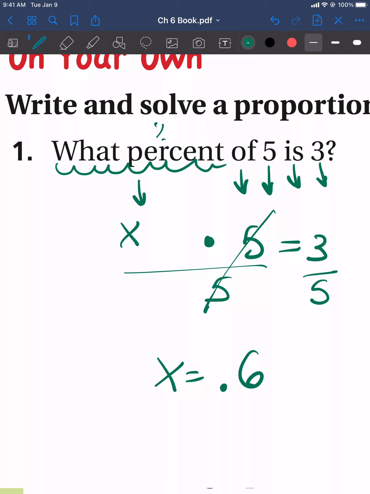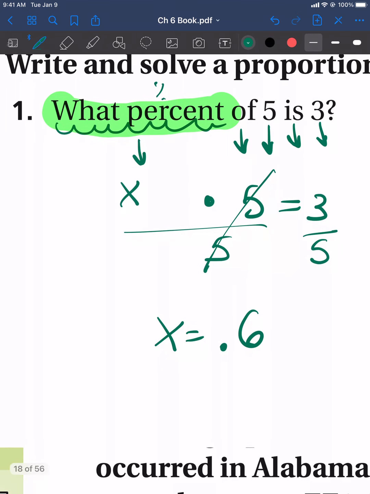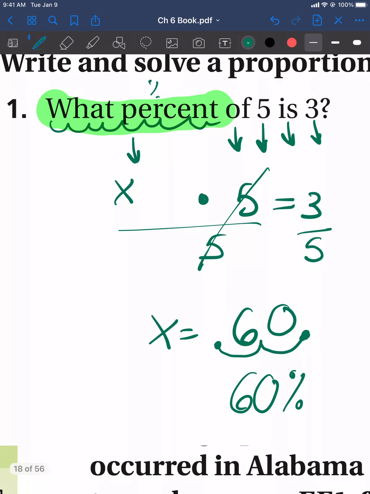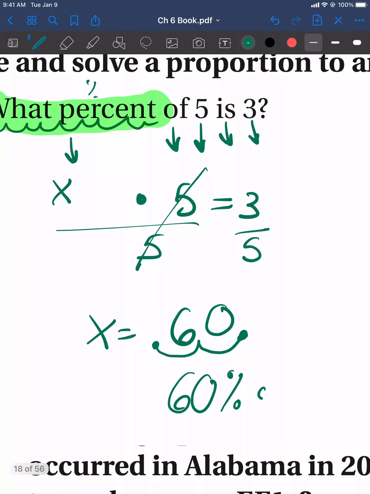I know I'm not done because the question was asking what percent. Okay, how do I change 0.6 into a percent? Move it 2 places. Add a 0. My final answer is 60% of 5 is 3.